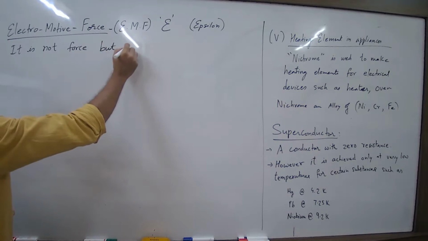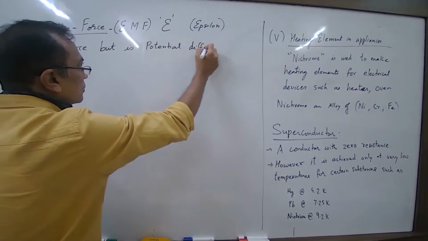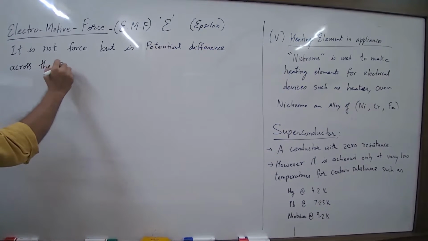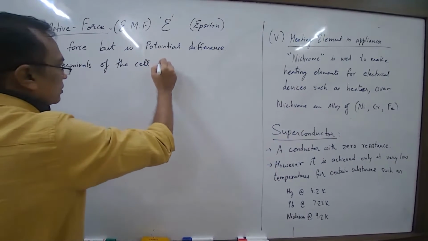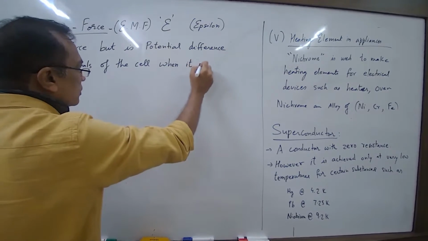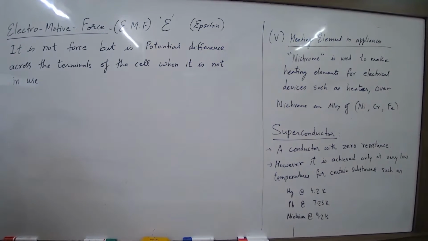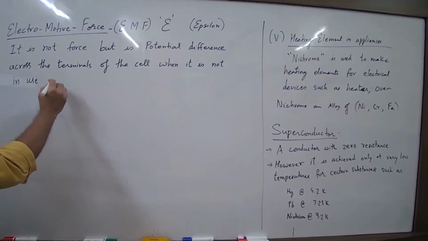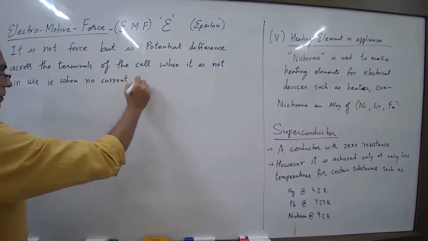It is the potential difference across the terminals of the cell when it is not in use. A fresh piece kept in the shop is not being used, so its potential difference will be maximum, because no current is drawn from it.